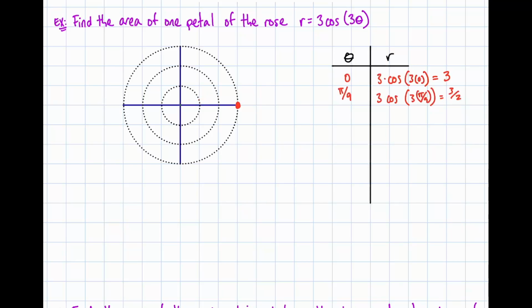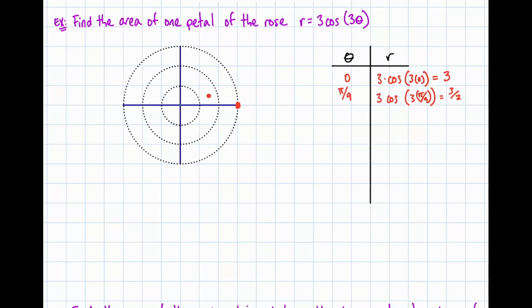This is pi over 4, so this is pi over 8, so pi over 9 is probably right here-ish. I don't think it matters too much. We're just trying to get a simple best estimate of this graph. Let's keep going so I don't start rambling.